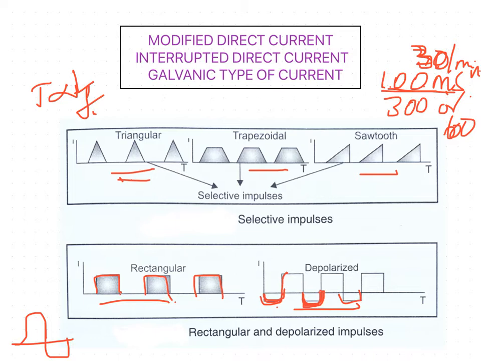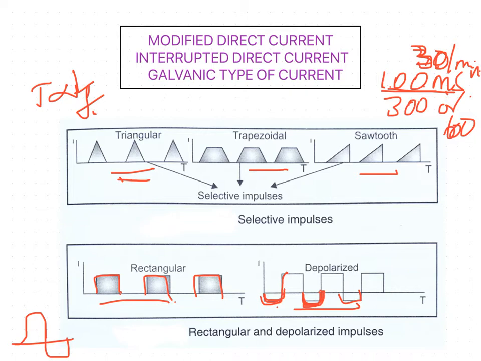The impulses in which the current rises gradually are often called selective, because a contraction of denervated muscle can often be produced with an intensity of current that is insufficient to stimulate the motor nerves. What is the reason? Accommodation occurs. So muscle tissues may be stimulated by these slow rising pulses called selective, triangular or accommodation pulses. The impulses such as triangular, trapezoidal and sawtooth are the selective impulses.